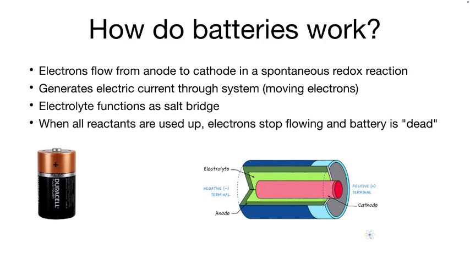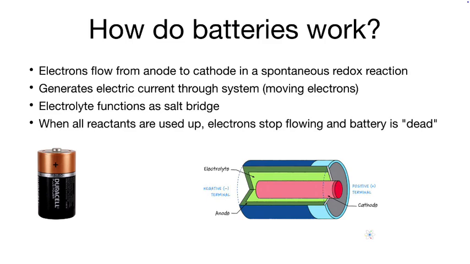An ox. Okay, so we've tied the anode to oxidation, and what's happening with an oxidation? LEO, loss of electrons. So what's happening at the anode is our electrons are flowing out of the anode towards the cathode in a spontaneous reaction.